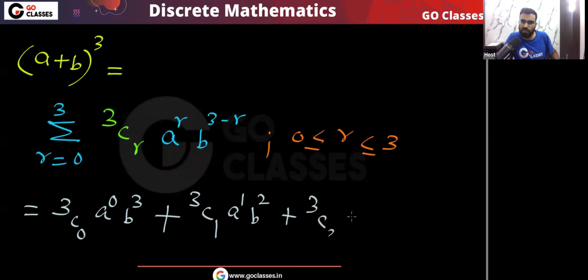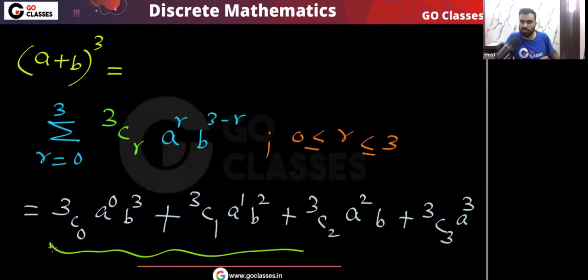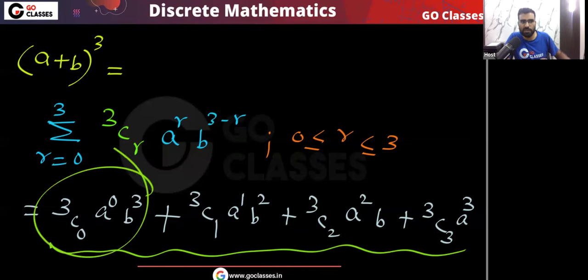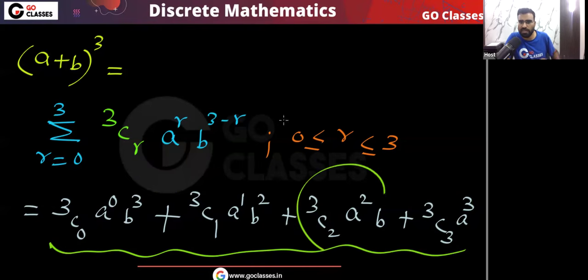If I put R equal to 2, 3C2, A power 2, B power 1. If I put R equal to 3, then 3C3, A power 3, B power 0, and B power 0 is equal to 1. So this is what we got. You can see this becomes B cube, this becomes A cube, and you get 3AB square and 3A square B. So very easy, I hope you understood.